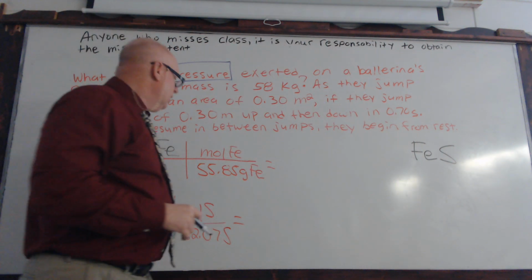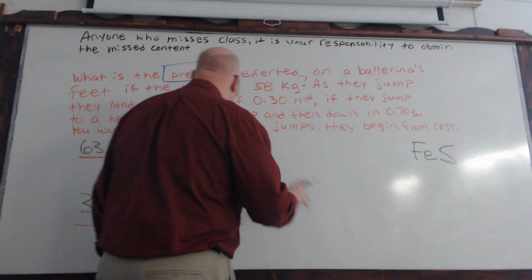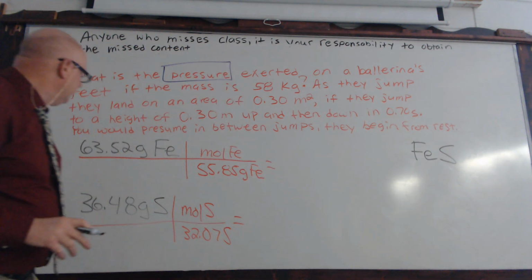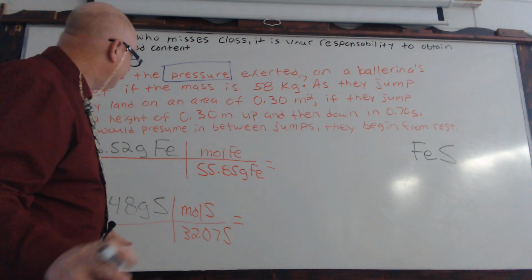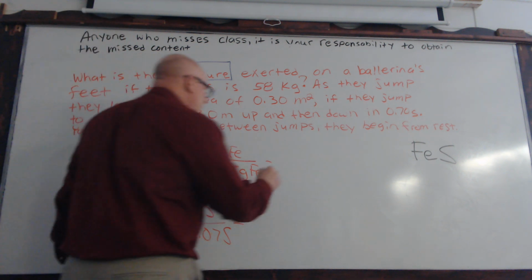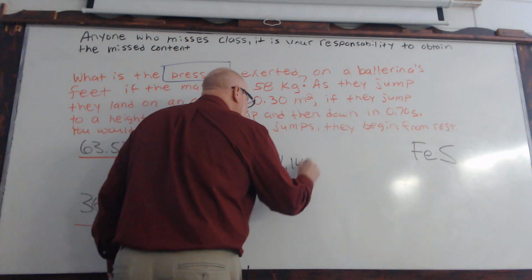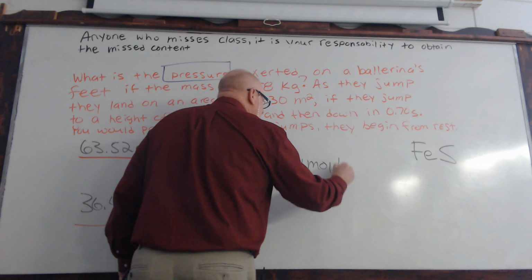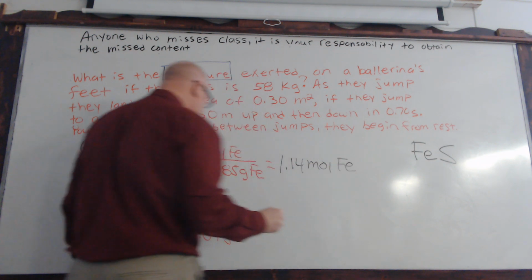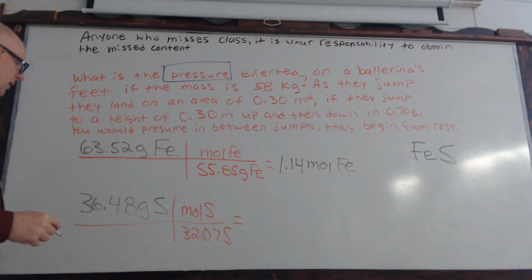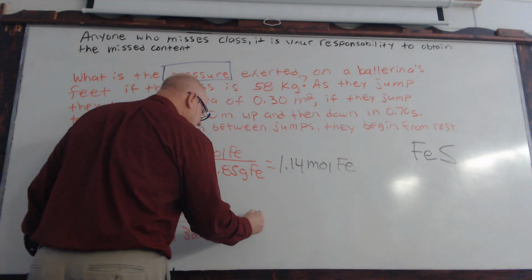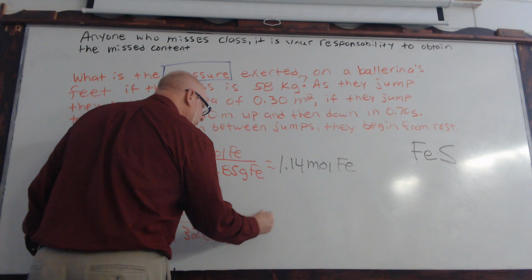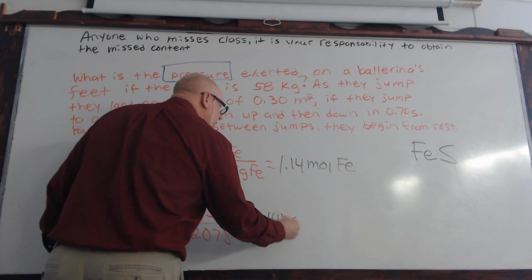The first thing we need to do is convert these to moles. This is probably going to be pretty close to 1, correct? Yes, 1.14 moles of iron. Then this one's probably pretty close to 1, 1.14 as well.